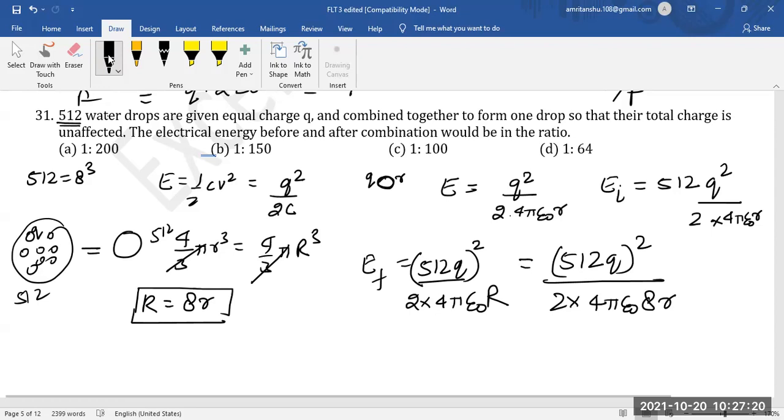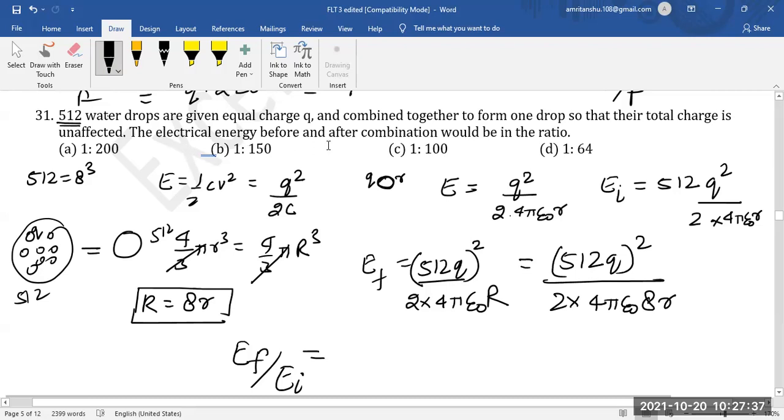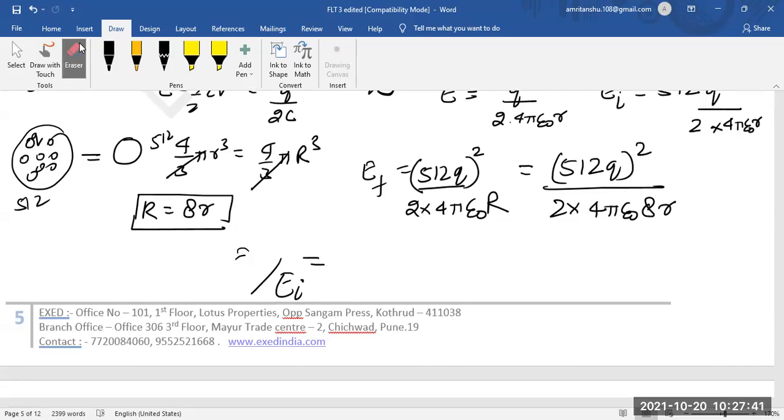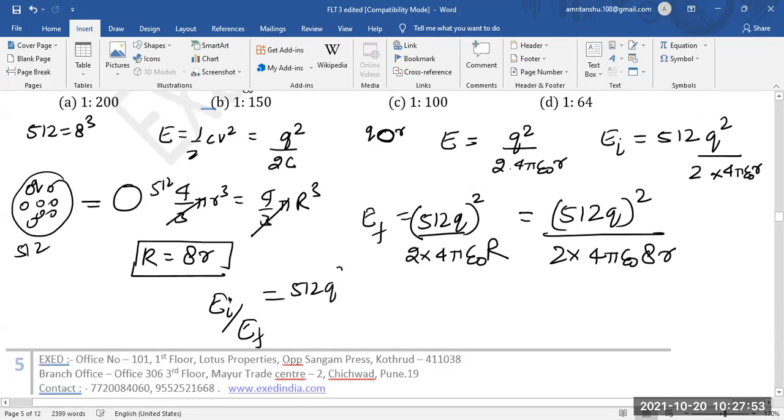Now when I take the ratio of initial to final, initially it was 512 q square upon 2 into 4 pi epsilon naught r, upon the final expression. When you solve everything, the q square goes away, and you get 1 by 64.